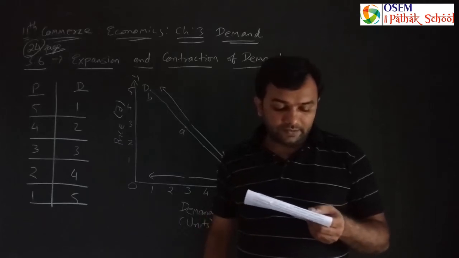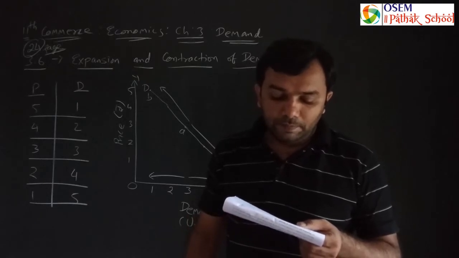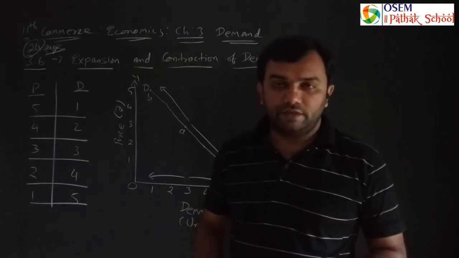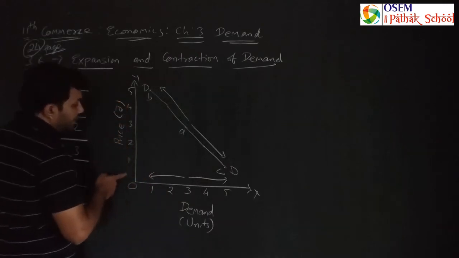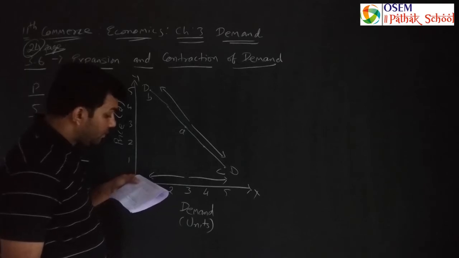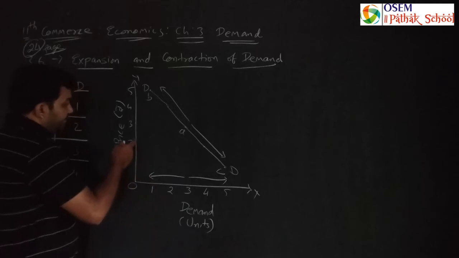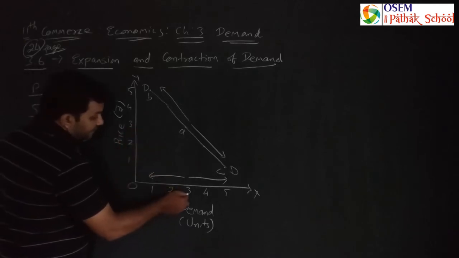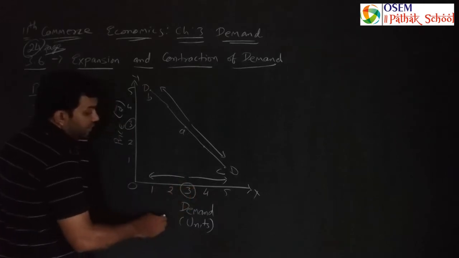So what are they explaining? When price falls, keeping other determinants constant, as you can see, when price goes 5, 4, 3, 2, 1, then there is expansion. When there is a price of 3, there is a demand of 3. 3 rupees price has 3 units of demand.